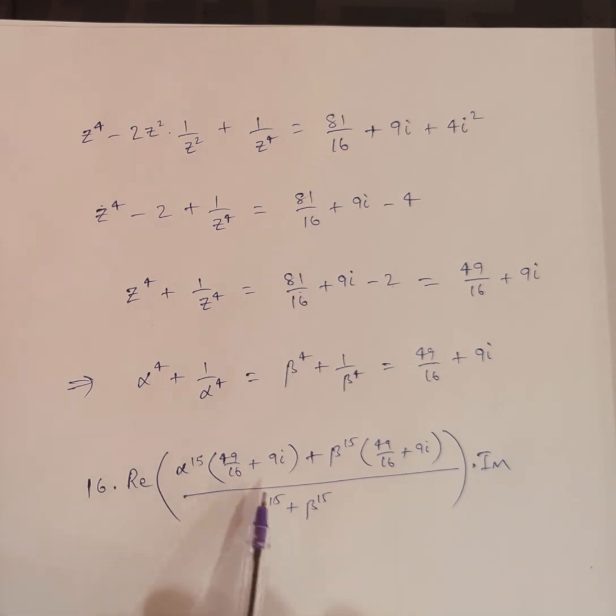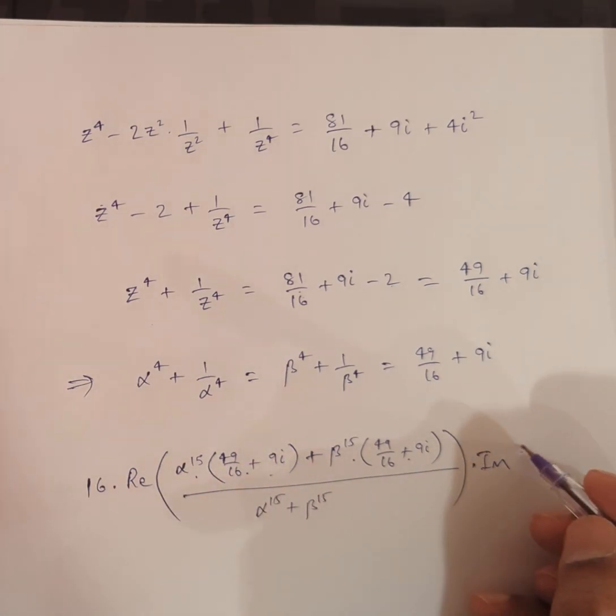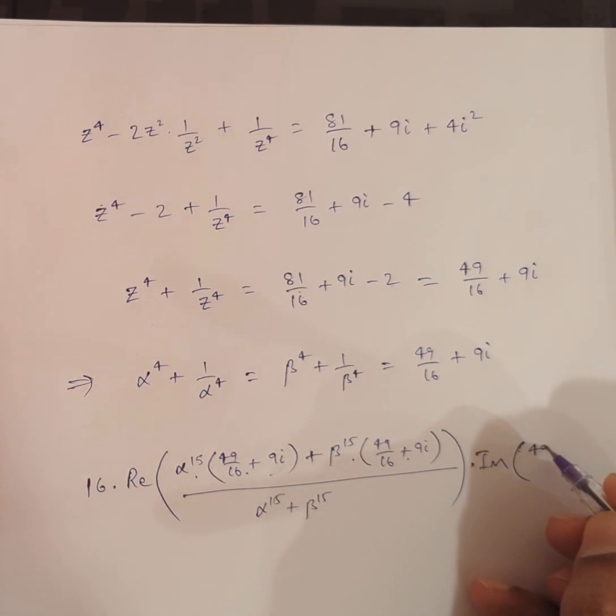Now notice, we can factor this, and then we get alpha to the 15 plus beta to the 15 as the other factor, which can be cancelled. So really what's remaining is just this part, which is 49 over 16 plus 9i.